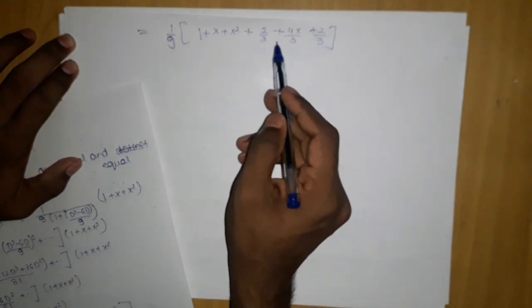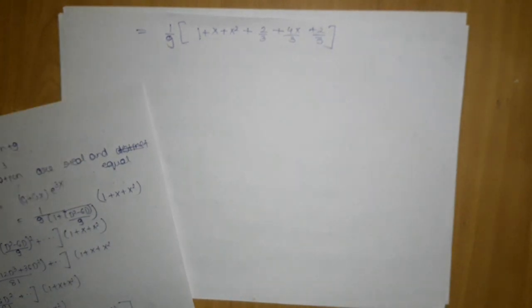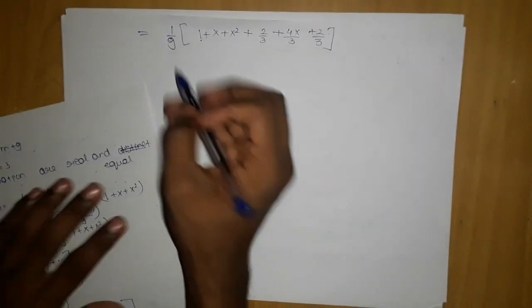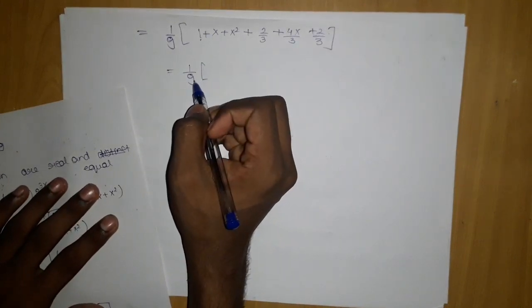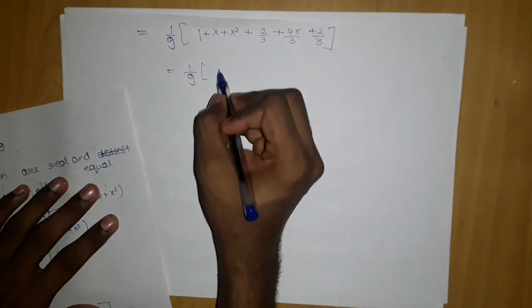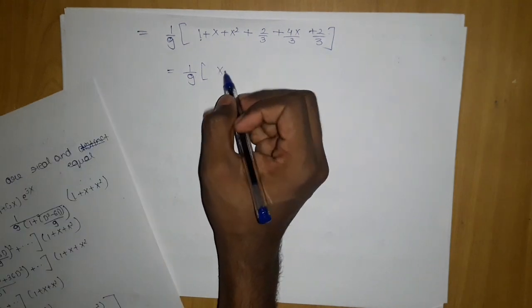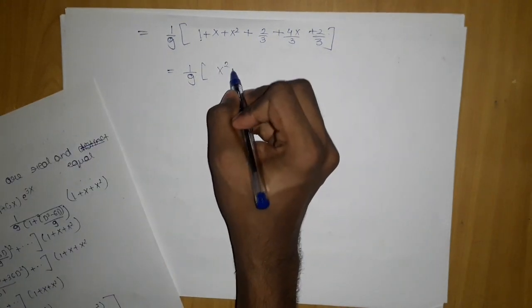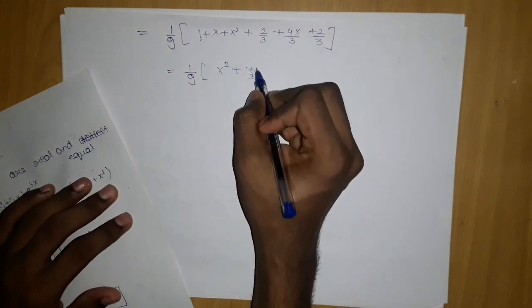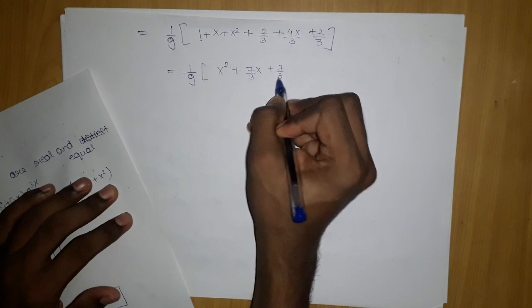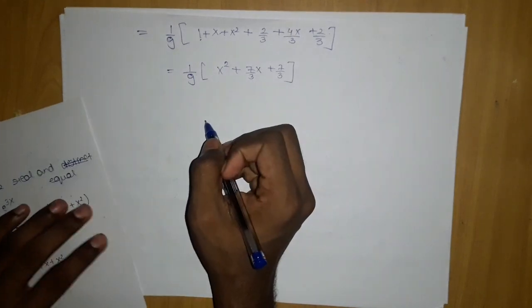So this will be what? 4 by 3. So we are going to get something like 1 by 9. 4 by 3 when added with 1 will give me 7 by 3. So x square plus 7 by 3 x plus 7 by 3 again. So this is our particular integral.